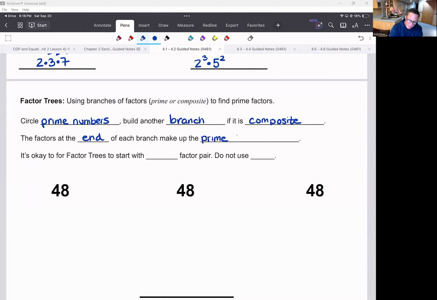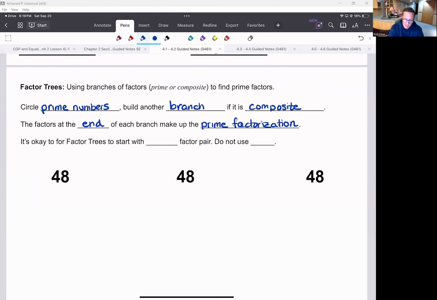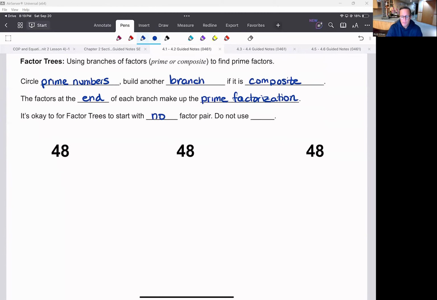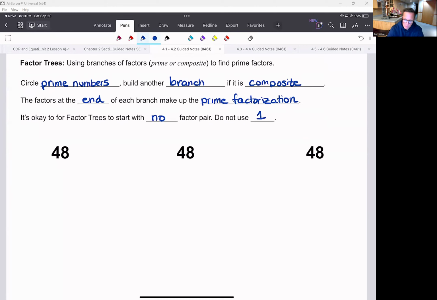It makes up the prime factorization. It's okay for factor trees to start with no factor pair, because do not use 1 as a factor, because we already talked about that. 1 is neither composite nor prime.